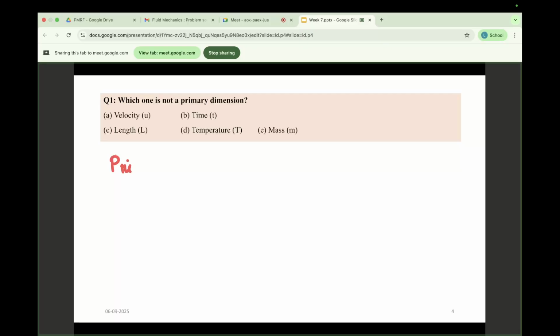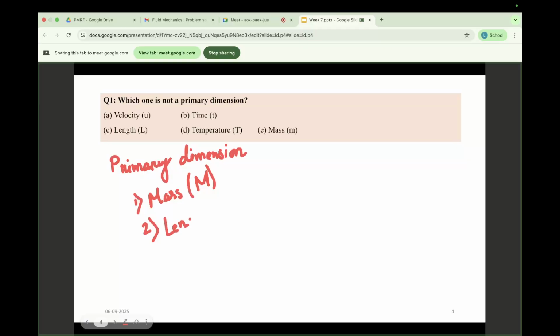I am writing about this primary dimension. Initially, what comes? This comes the mass. So mass we represent as M. Next is length. So you know length is represented as L, right?